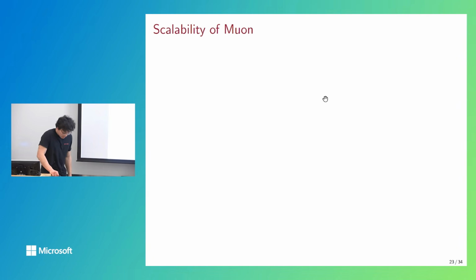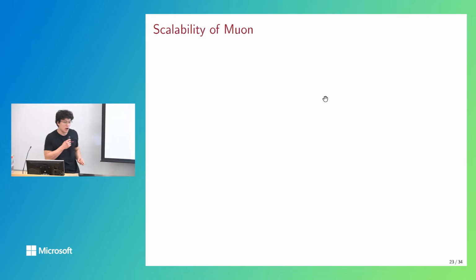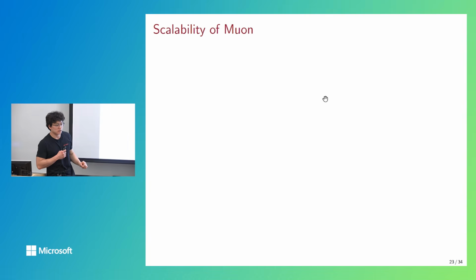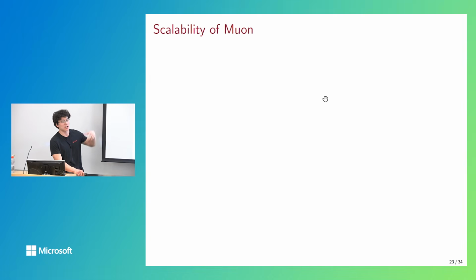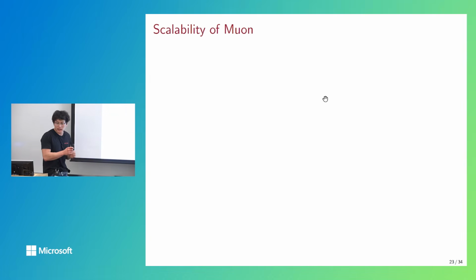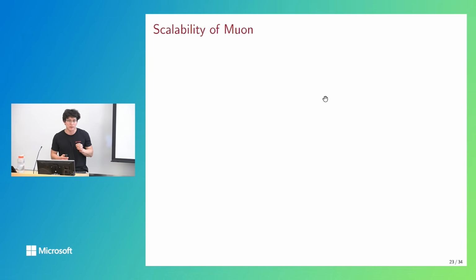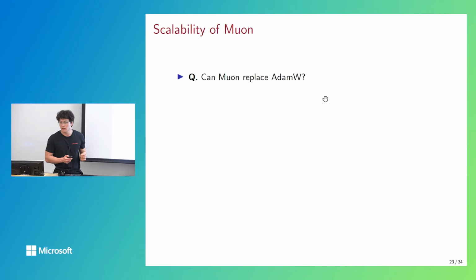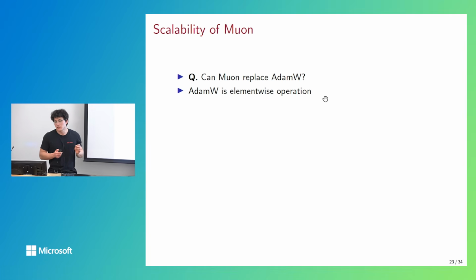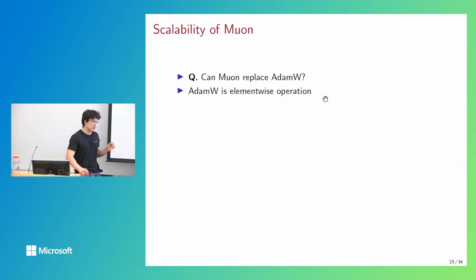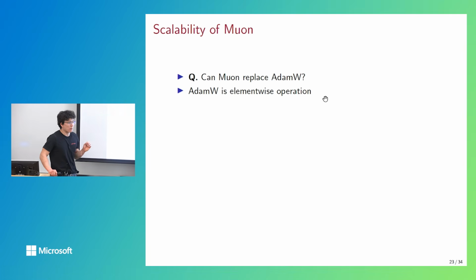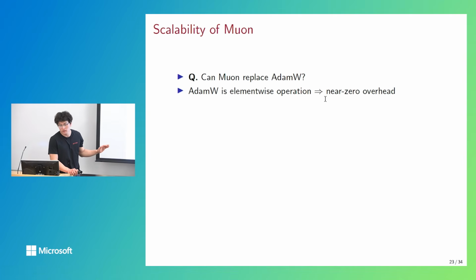So we have discussed various strategies, and sometimes this all-to-all mu1 will make things feasible at a certain scale, but if you scale up even more, then it could be a bottleneck. So the scalability of mu1 and orthonormal updates is actually really tricky. The main reason is that AdamW is an element-wise operation, so there's no bottleneck at all across scale.